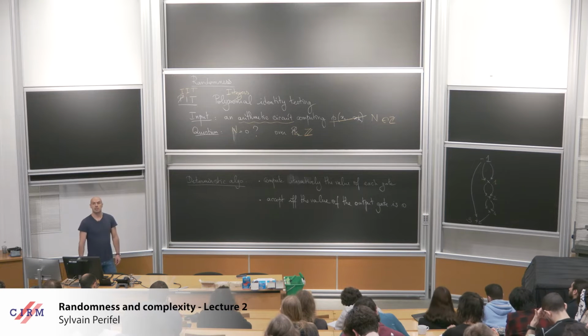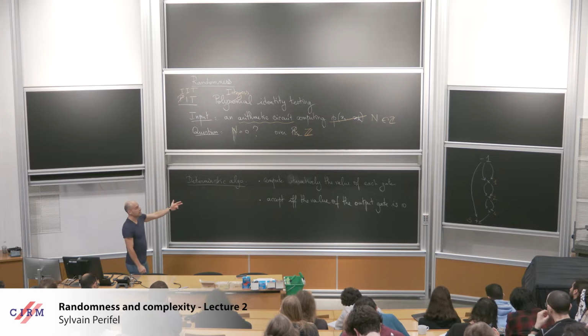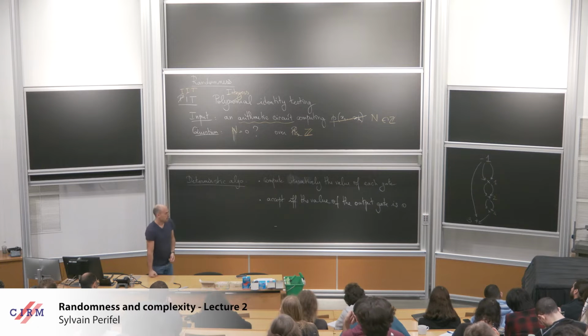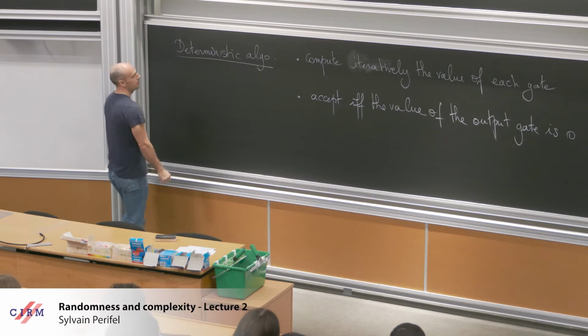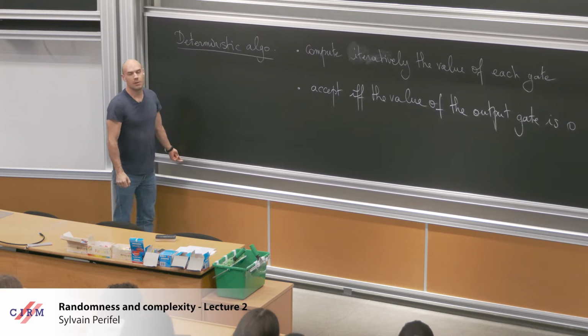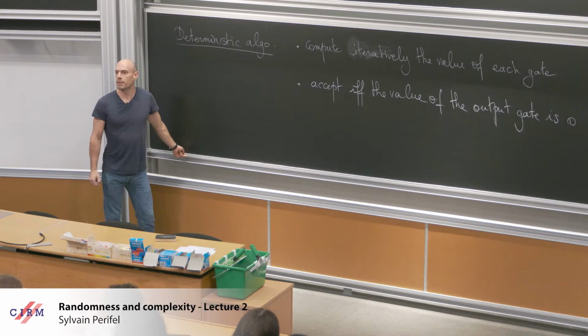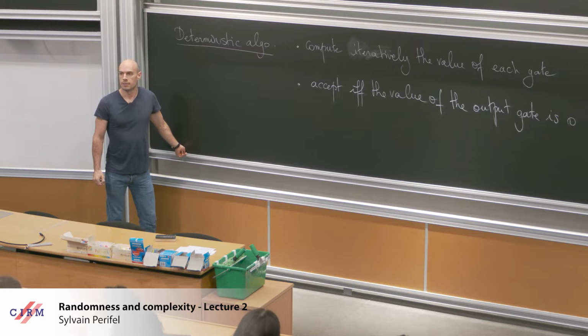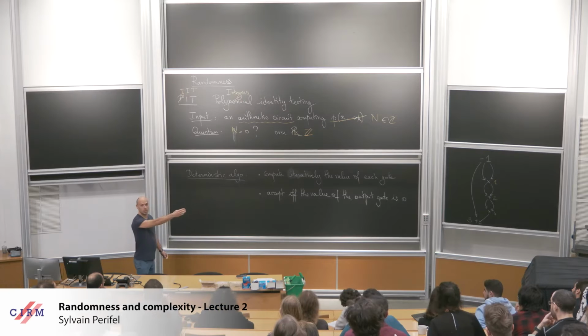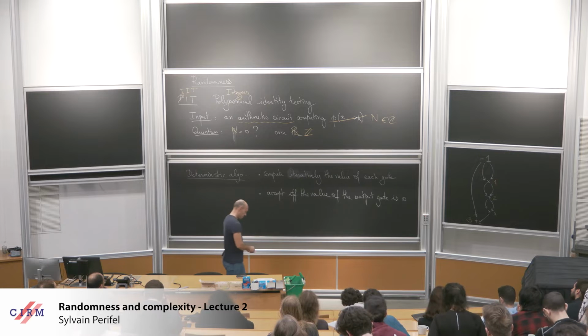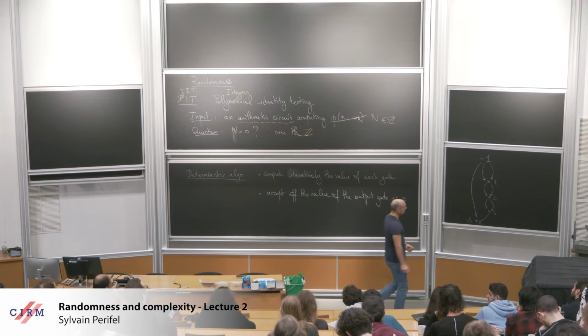So, what is the complexity of this algorithm? It seems that the complexity is roughly the number of gates in the circuit, but actually it is not. Does anyone see why it's more complicated than this? Yes, exactly. The numbers can be huge, actually. So let's figure out this example.